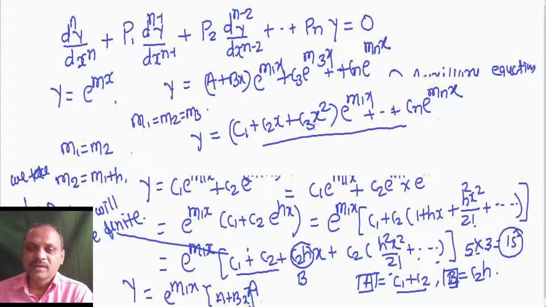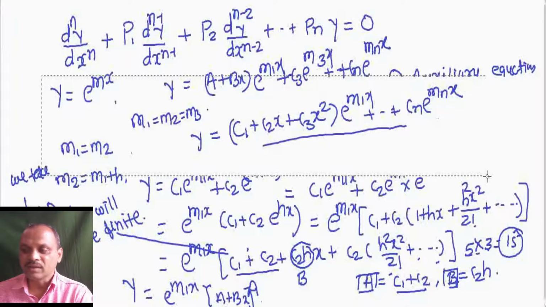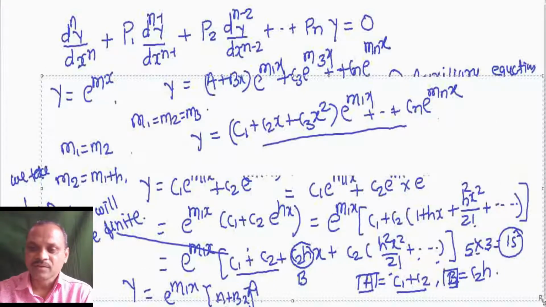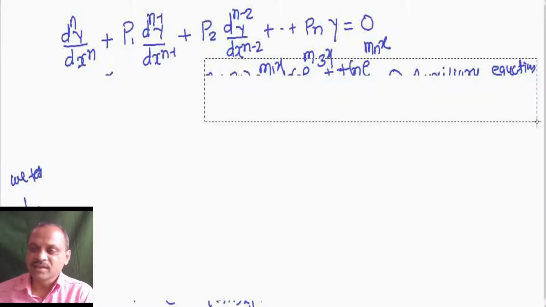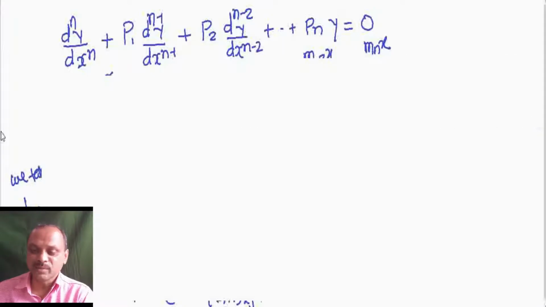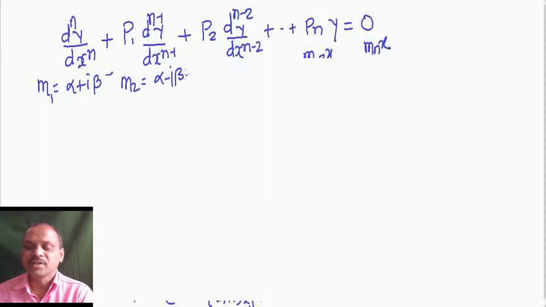Now when the roots of the auxiliary equation are imaginary, this case arises when the roots of the auxiliary equation will be imaginary. Let us consider two imaginary roots, particularly, suppose m1 equals alpha plus i beta and m2 equals alpha minus i beta. These are imaginary roots.